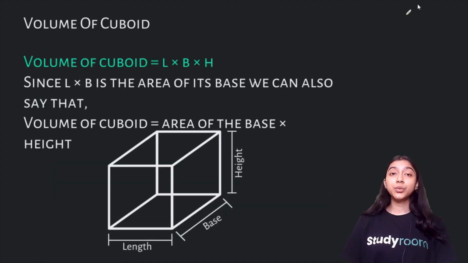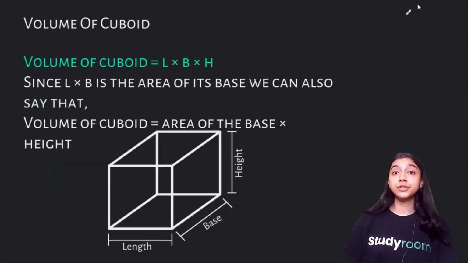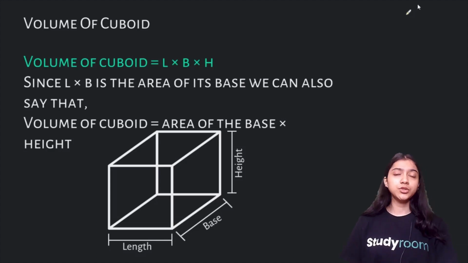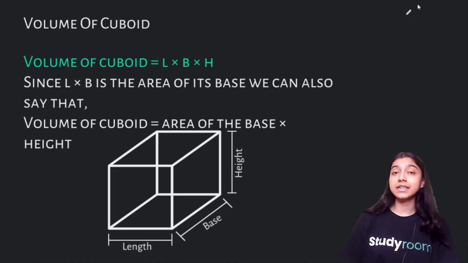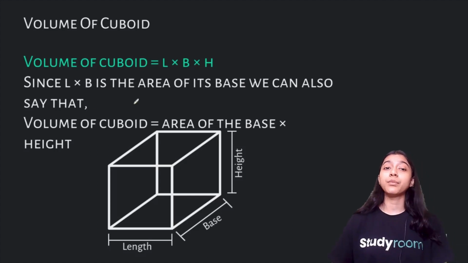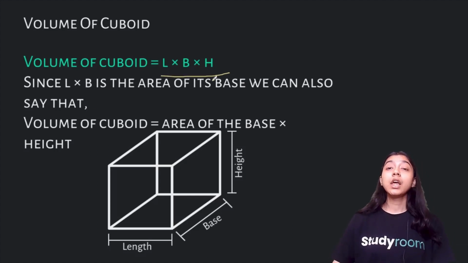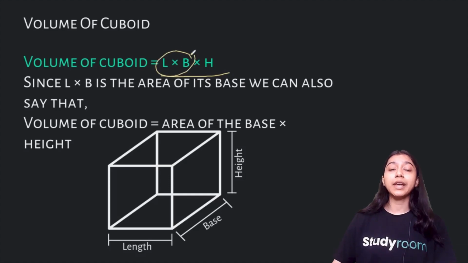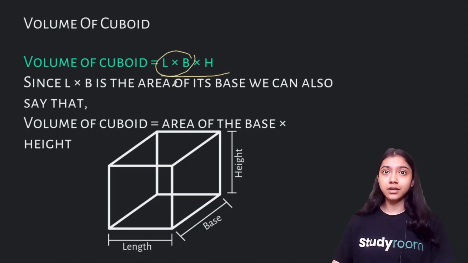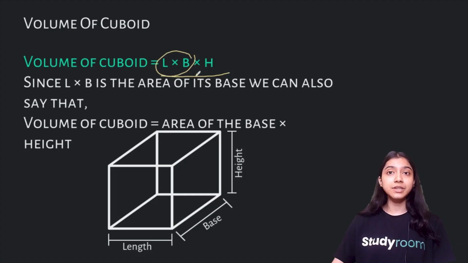Now we'll be dealing with a topic that is volume of a cuboid. So what is the volume of a cuboid if L is the length, B is the breadth and H is the height? The volume of a cuboid whose length is L, breadth is B and height is H is length multiplied by breadth multiplied by height. Now just observe over here. We know that length into breadth is the area of a rectangle whose length is L and breadth is B centimeters.